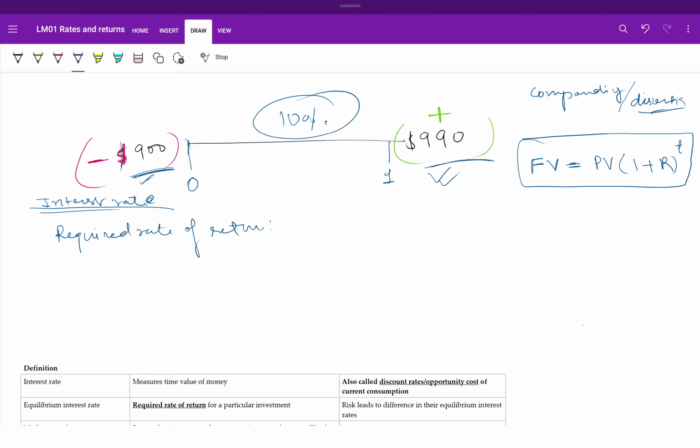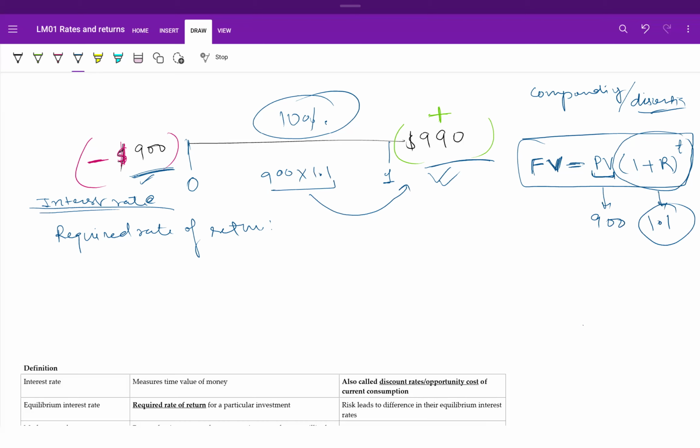Future value is going to be more than the present value. If you look at the formula, observe carefully, we are multiplying the present value with something. If we multiply 900 by 1.1, it gives us 990.